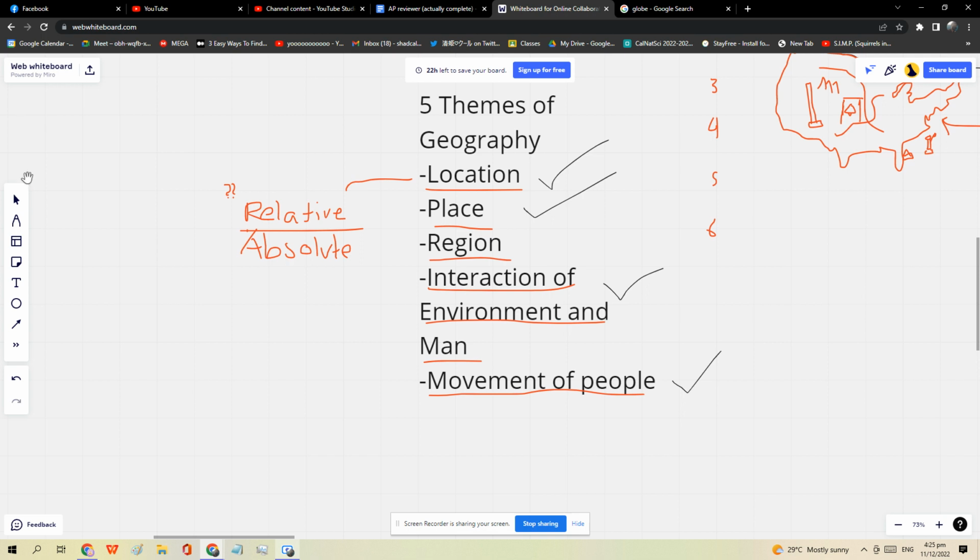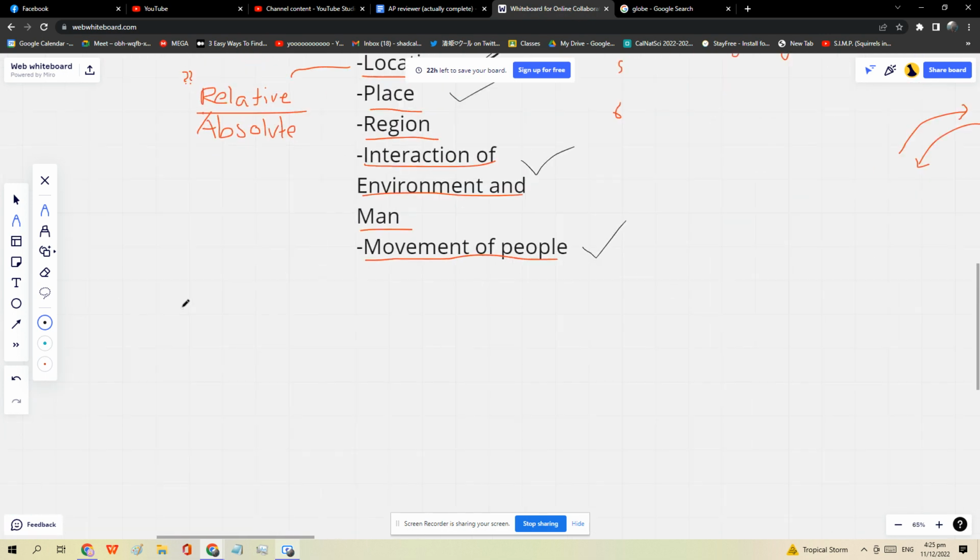Location. Location is your place in the world. Now, you can find location in two ways, either by relative location. Think about it this way: Alan, you don't know where Alan is. So, you compare him to other places, which is why it's called relative.